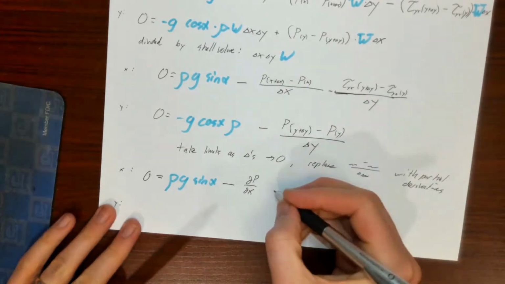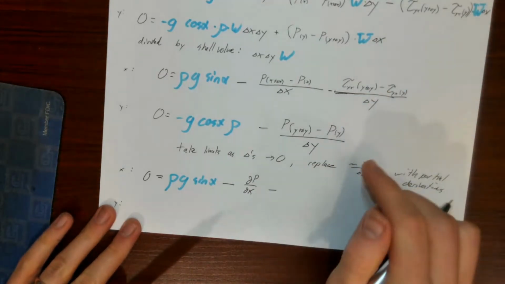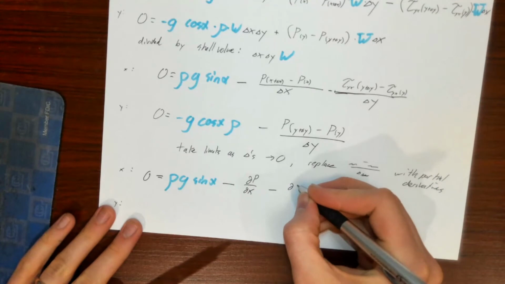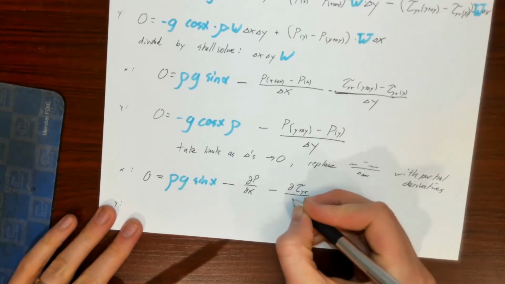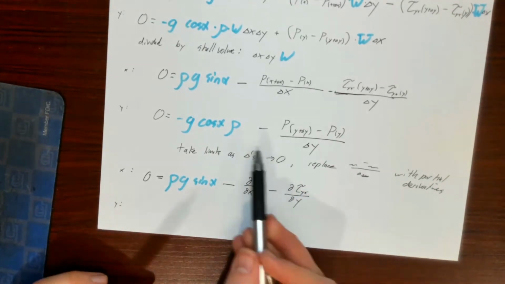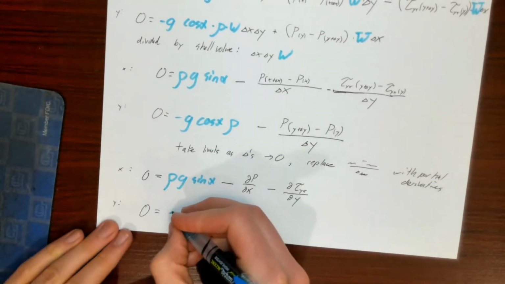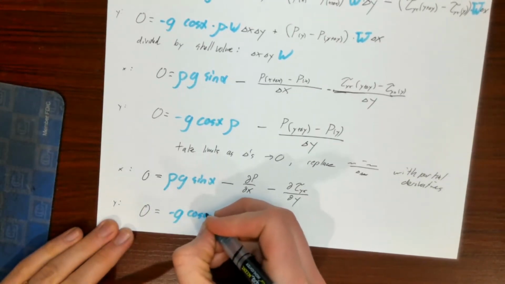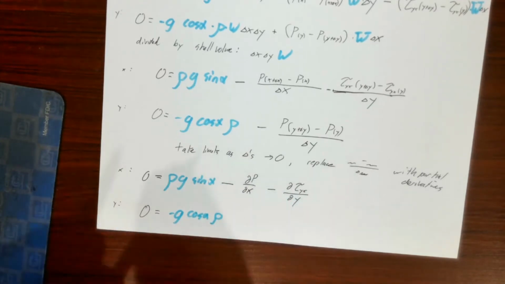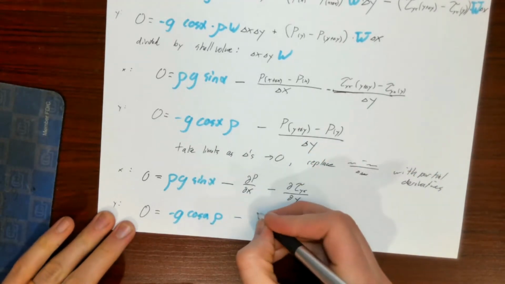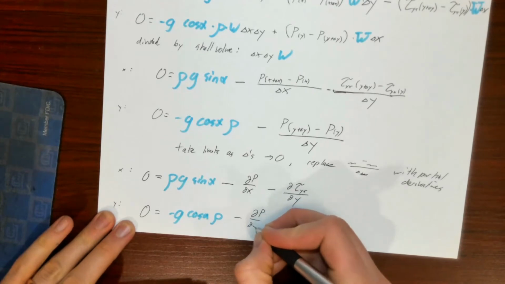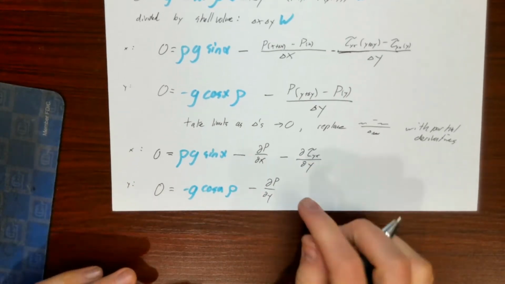And then the second term is a derivative of shear stress with respect to y, so we get d tau yx dy. And then for y, we have minus g cosine alpha times rho, and then we have partial pressure with respect to y.